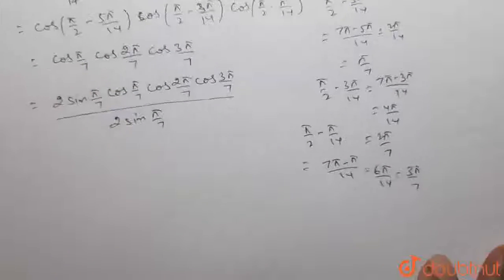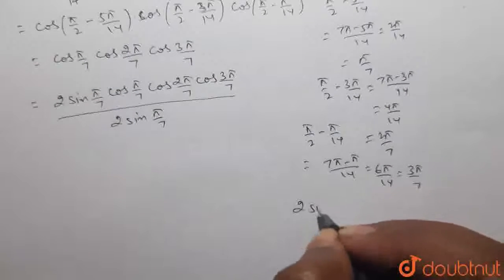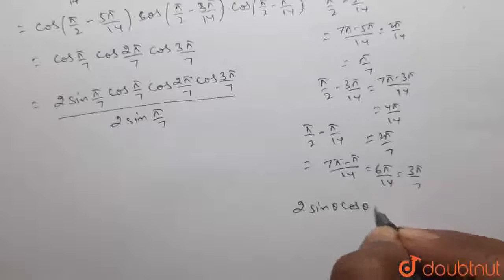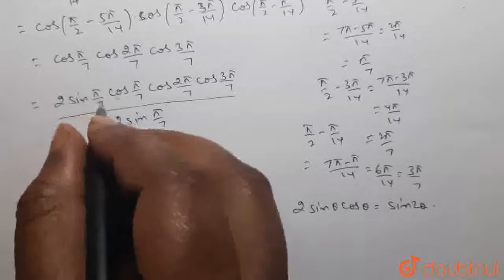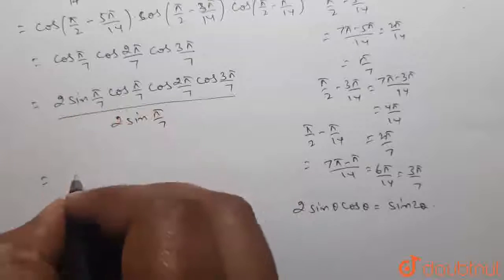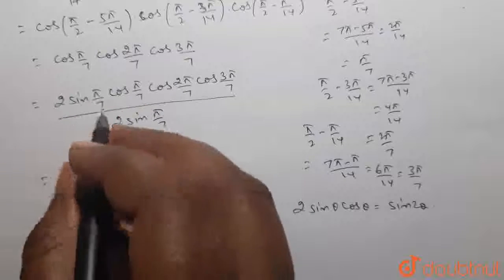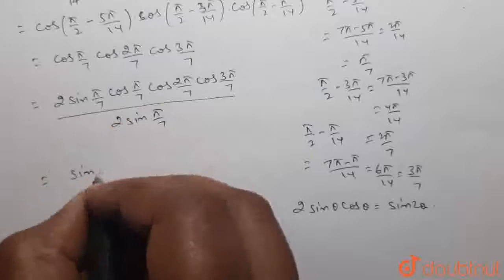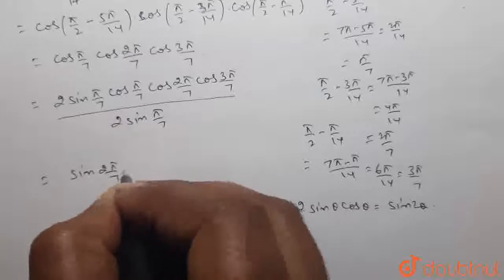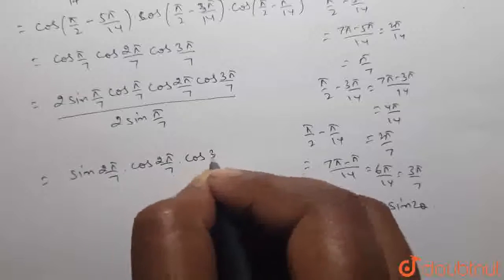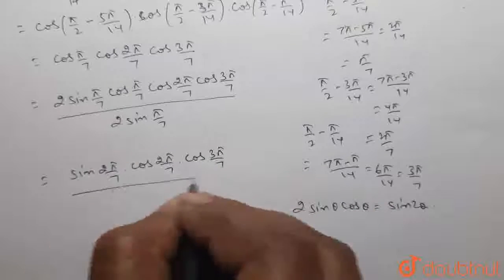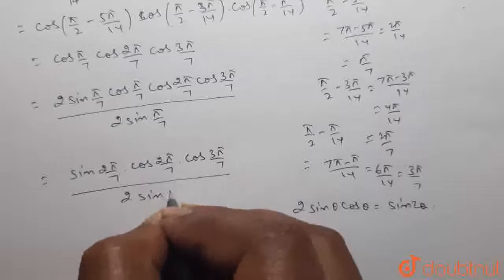Okay, now we know that 2 sin theta cos theta equals sin 2 theta. So 2 sin pi by 7 cos pi by 7 will be equal to sin 2 times pi by 7, which is 2 pi by 7 into cos 2 pi by 7 into cos 3 pi by 7 whole divided by 2 sin pi by 7.